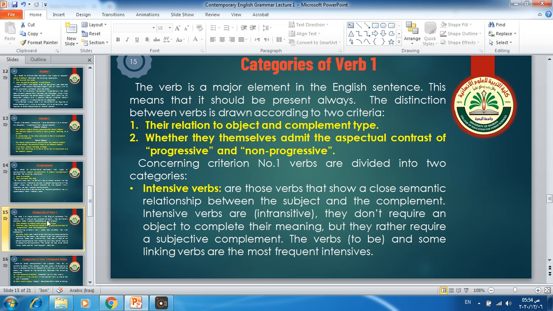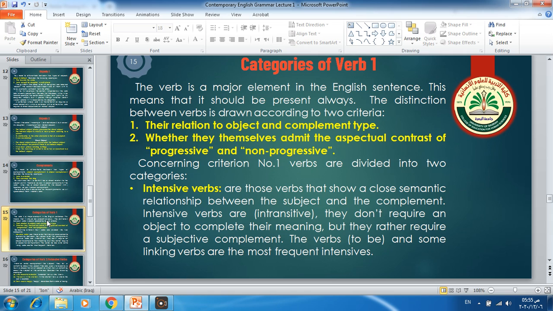Another element, another major unit in the sentence, is the verb. And the verb should be present always. And of course, we have different categories of the verbs. The distinction between these categories is drawn according to two criteria.